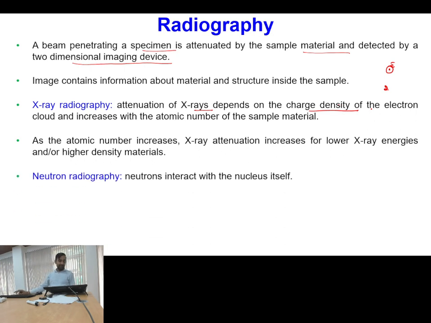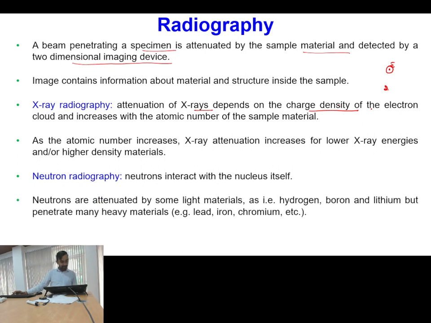The second method can be neutron radiography. In place of sending X-ray particles, we send neutron particles. Neutron particles interact directly with the nucleus. So their attenuation will be high for some light materials such as hydrogen, boron and lithium.